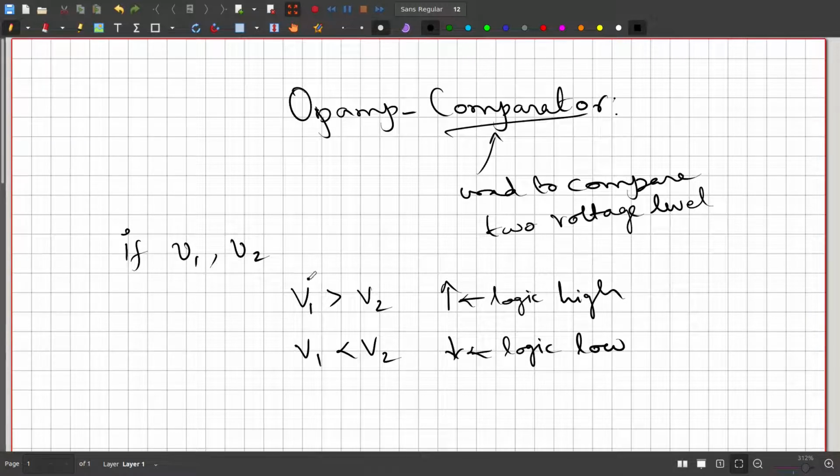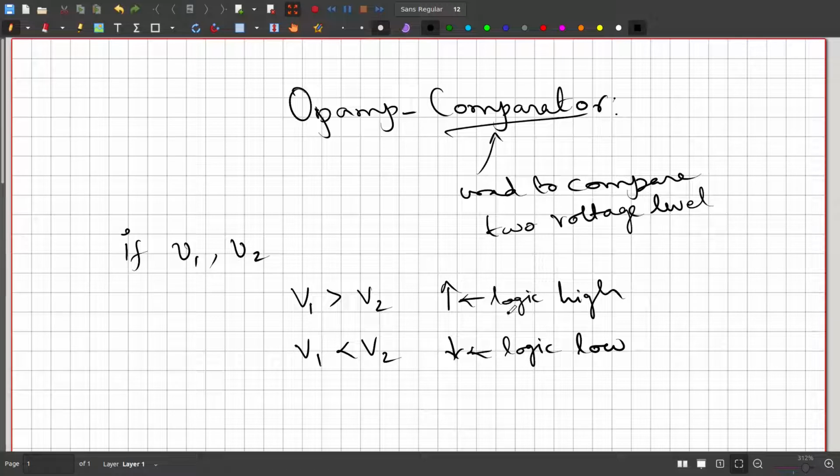A device which can check how the given voltages are different, whether they are high or low compared with each other. So if one is higher than the other, we should get either a logic high or logic low, depending upon the output.